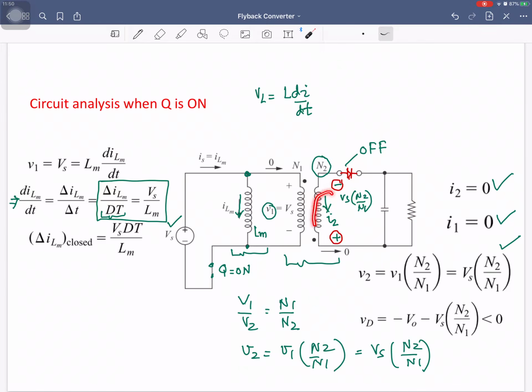The secondary voltage plus the load voltage will be the total voltage applied across the diode terminal. So the load voltage minus V naught and this voltage minus Vs into N2 by N1. The sum of these two will be the voltage that will appear across this diode. So your diode will have to withstand that voltage. And as it is negative, that's why your diode is in the reverse bias state.